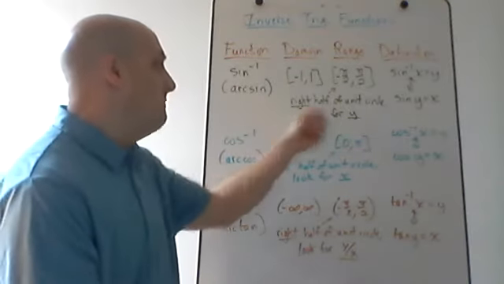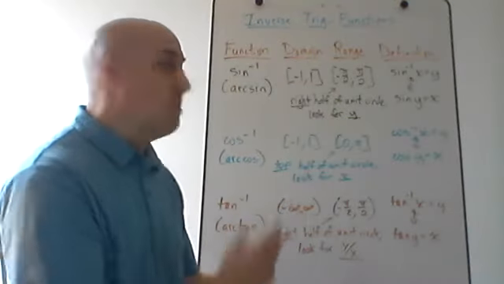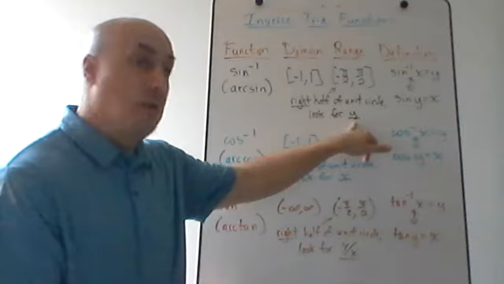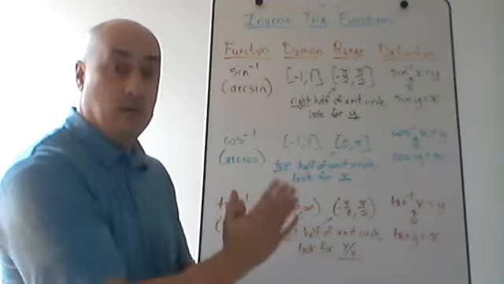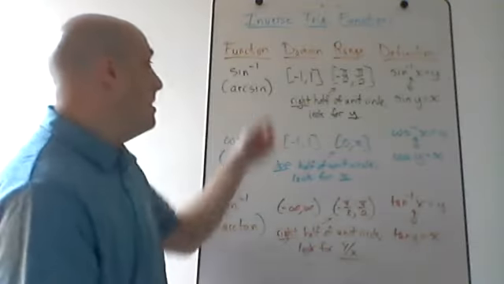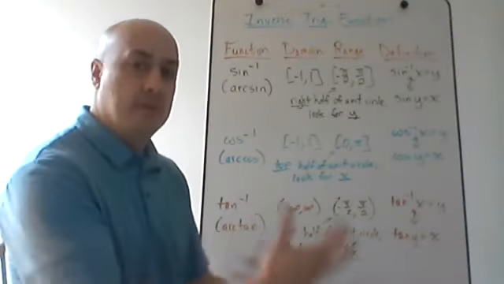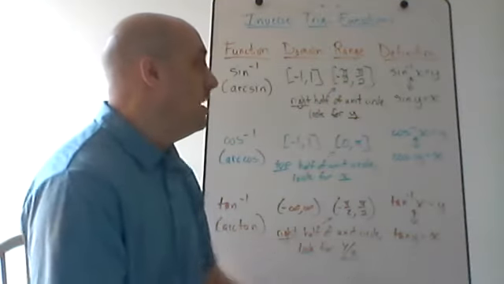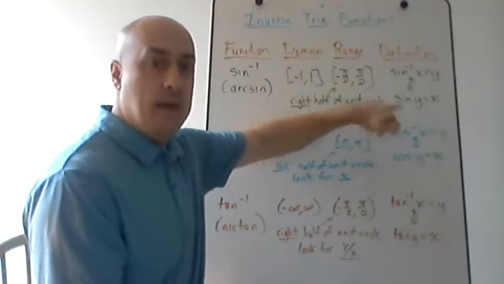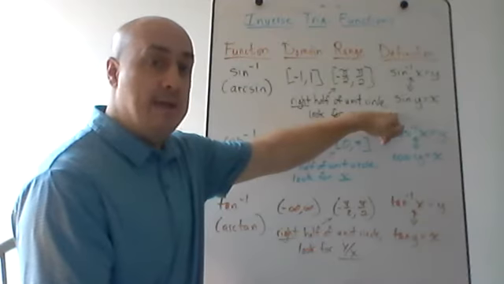So when we're doing the inverse sine function, they're giving us a number. That number represents the y-coordinate of a terminal point somewhere on the right half of the unit circle. And then the angle that gives us that terminal point would be the output of the inverse sine function. So the definition of inverse sine: sine inverse of x equals y means that sine of y equals x.